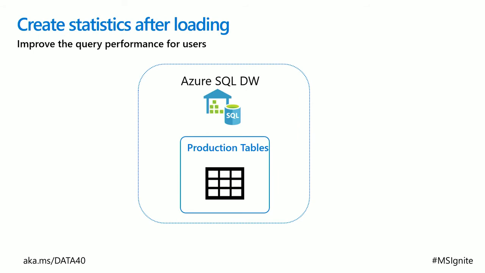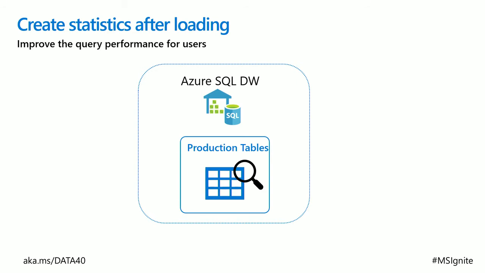And finally, create statistics after the load. Why? Statistics help improve the actual query performance itself. Okay? That's it. These are the tips that you should be using when using PolyBase.